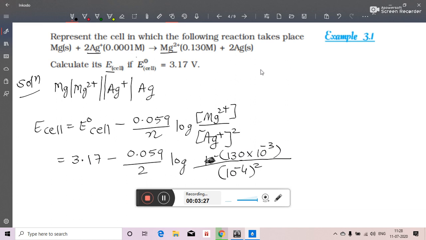So that is equal to 3.17 minus, now 0.059 upon 2 is 0.0295. Then we have log of 130.